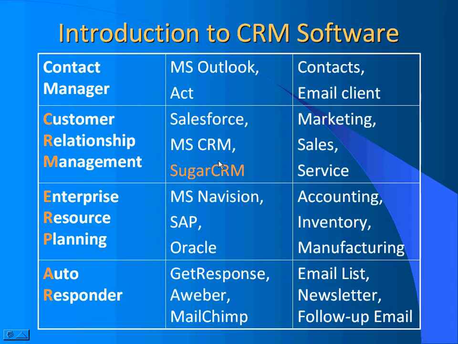Okay, what does this category of software do? Okay, basically it helps you to do marketing. Marketing meaning email marketing, managing of your, what you call that, snail mail campaign, advertising campaign. So all this is under marketing.